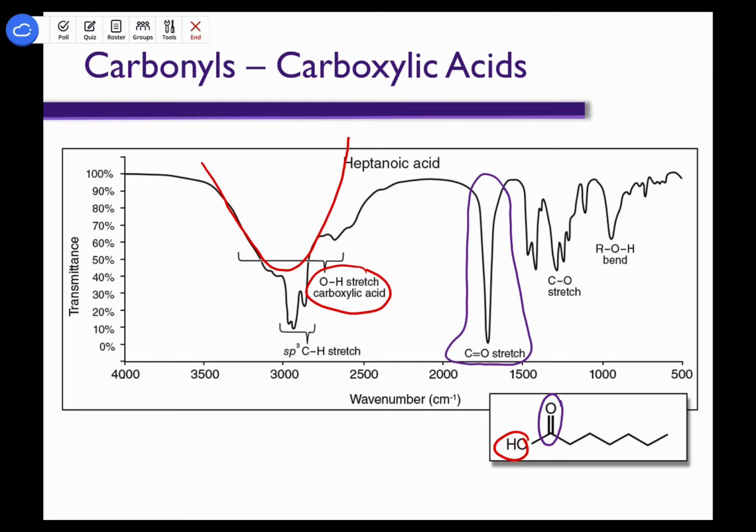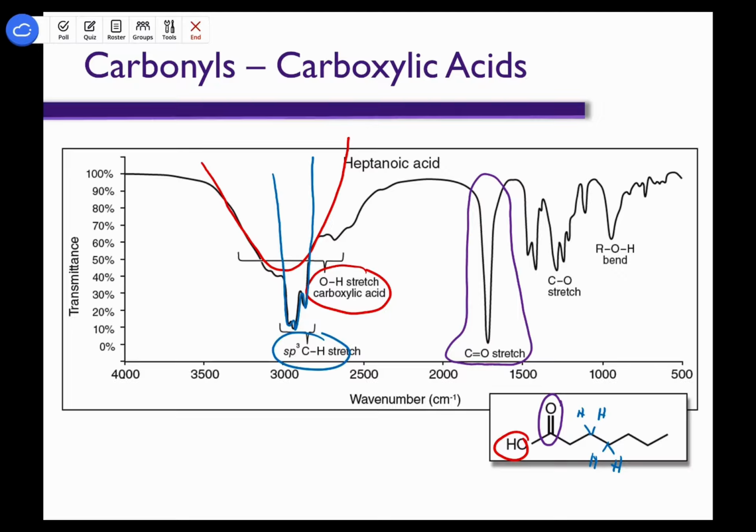Now I've drawn in the OH stretch as a red line here, but you can see it's also overlaid with this sp3 carbon-hydrogen stretch, because this contains lots of sp3 carbon-hydrogen bonds. That's why we get the funky kind of like, it looked like it was big and bold, then it has little dips and zigzags at the bottom.